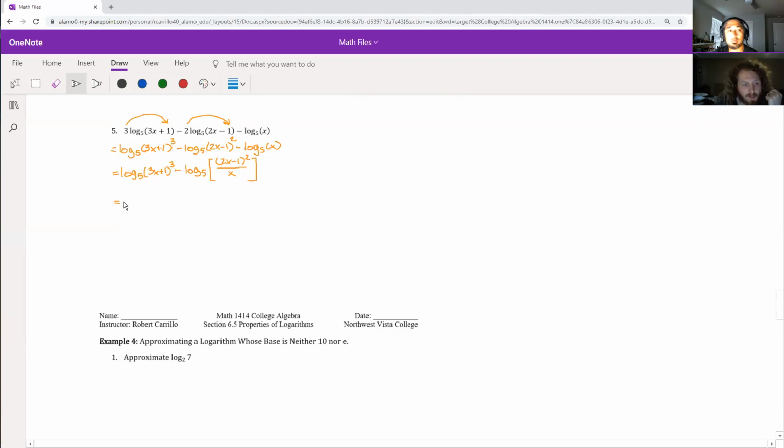So then this is equal to log 5 of the quantity 3x plus 1 cubed divided by 2x minus 1 squared divided by x.